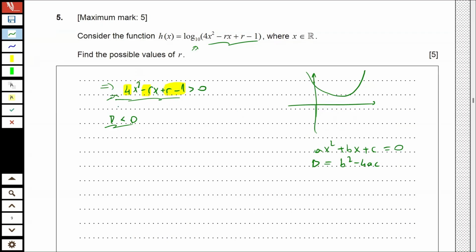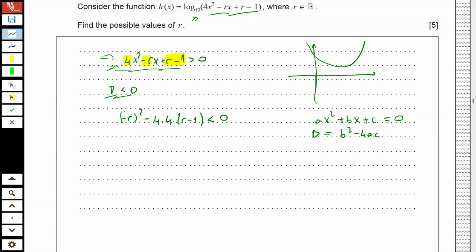For this quadratic, the discriminant is minus r squared minus 4 times 4 times r minus 1, less than 0. r squared minus 16 times r plus 16 less than 0.